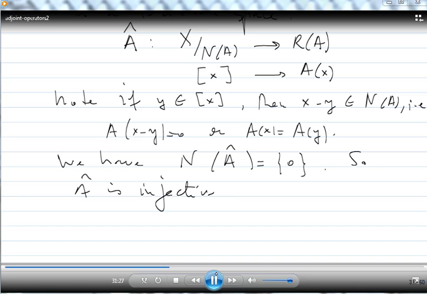Not only that, we have that the range of A hat is exactly the range of A. So this operator A hat gives us an isomorphic map between R of A and X quotient N of A. So here A hat is an isomorphism, a bijection.